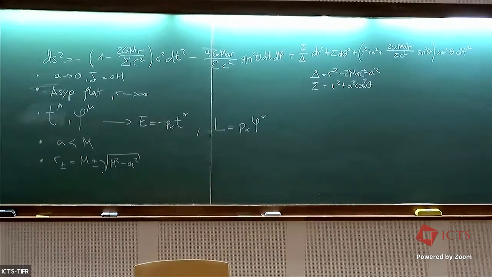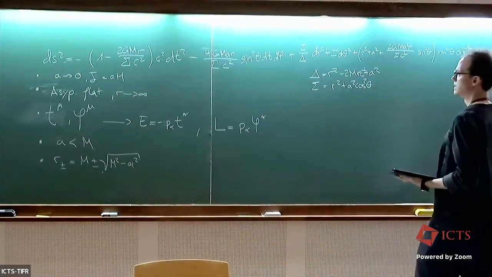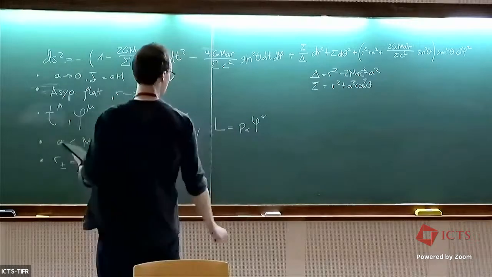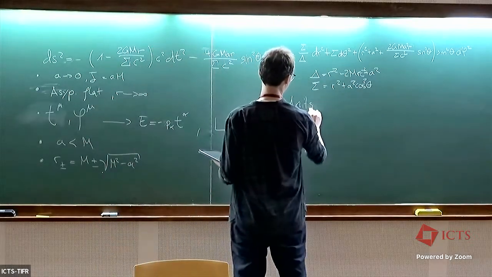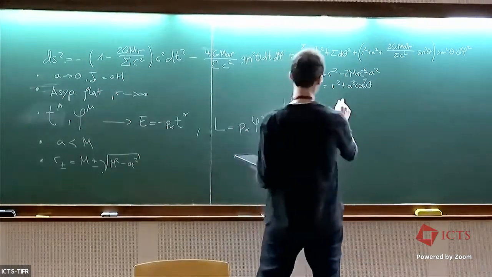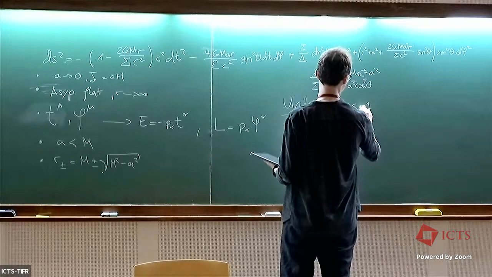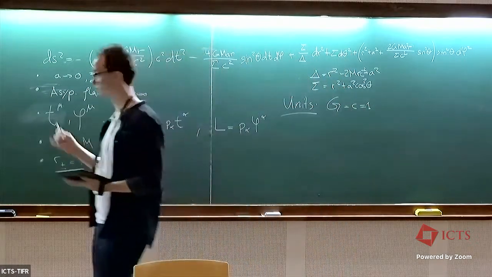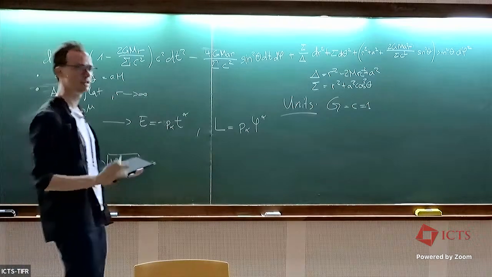Okay, and implicitly I've already used a certain set of units. So let me write it here. Units: I've set G and c to 1 in everything that wasn't the metric. I'll do this throughout the remainder of the course because it's a lot easier, less to write.